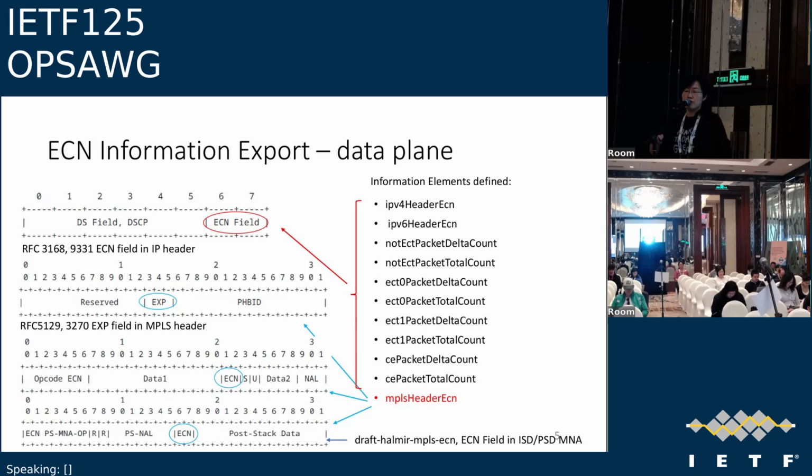And the ECN field will have several values to display the status, such as non-ECT, ECT0, ECT1, or CE. CE is for congestion experienced in the network.